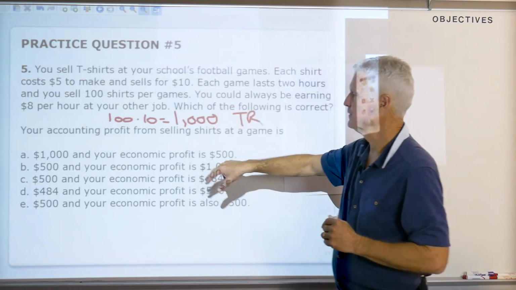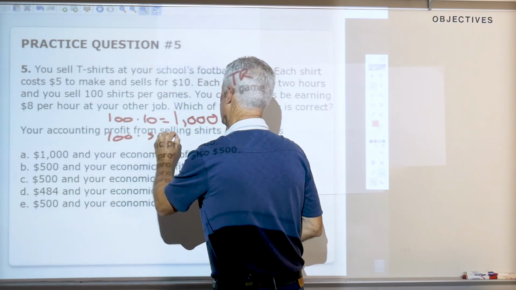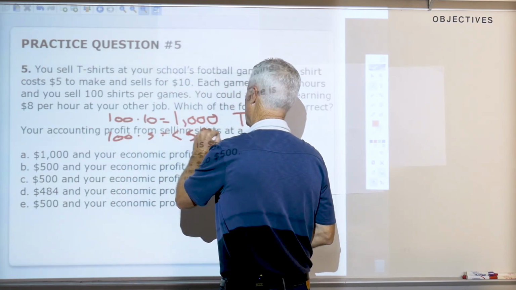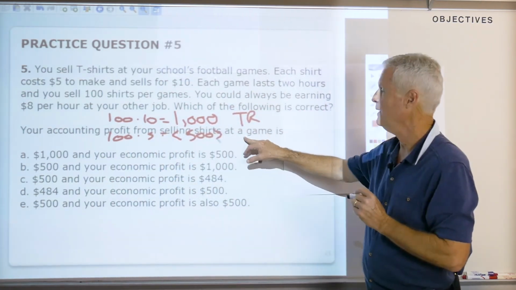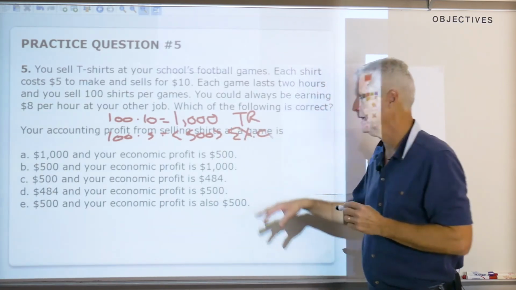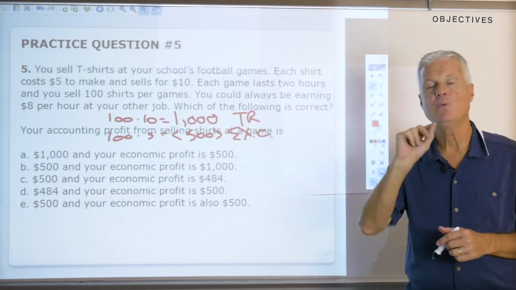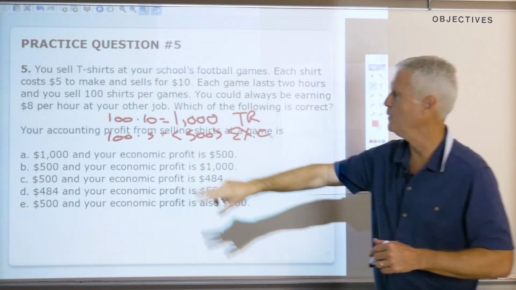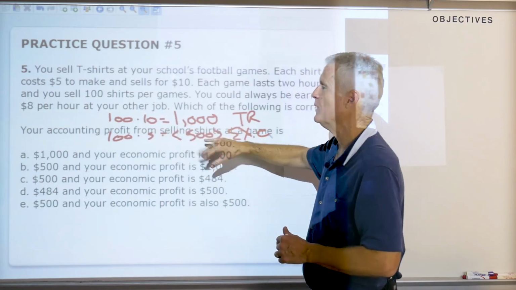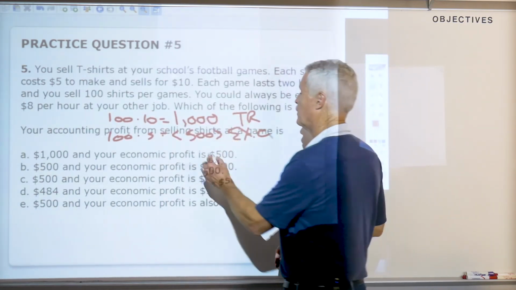Cost $5. 100 times 5 equals minus $500. We use brackets. Okay? Those are explicit cost. So we're now down to 500, but it says we got to work 2 hours. And we could make $8. So we have to subtract our opportunity cost. We could earn $16. We're not going to.